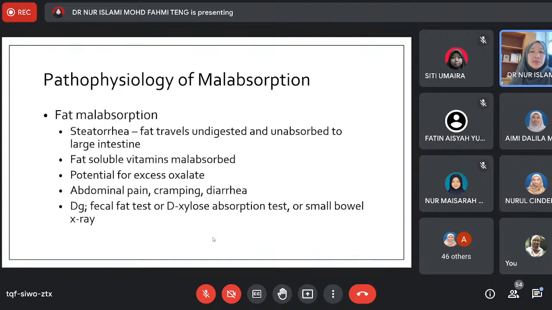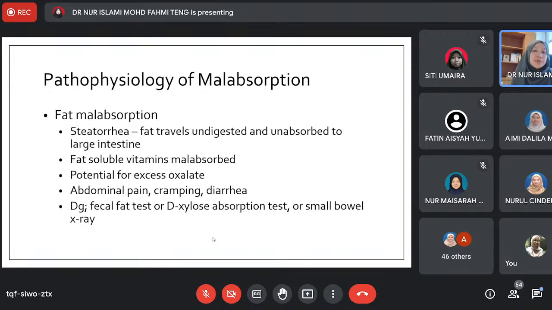Pathophysiology of malabsorption. Let's start with fat malabsorption. Steatorrhea, which is fatty stool. The fat travels undigested and unabsorbed to the large intestine. When there is fat malabsorption, your fat-soluble vitamins are malabsorbed.